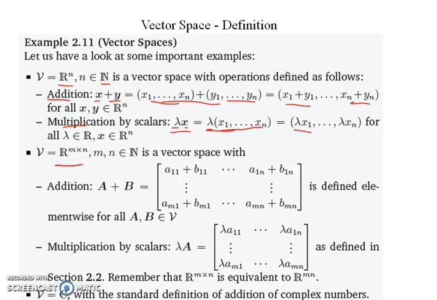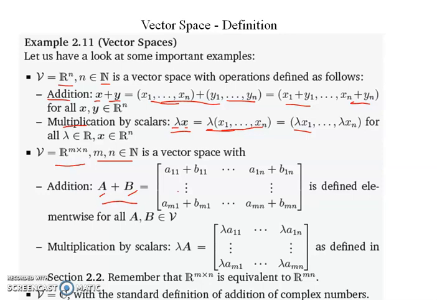Next is the set of m by n matrices containing real numbers, where m and n are elements of the natural numbers. It is a vector space with addition taken as A plus B, where A and B are matrices of size m by n.